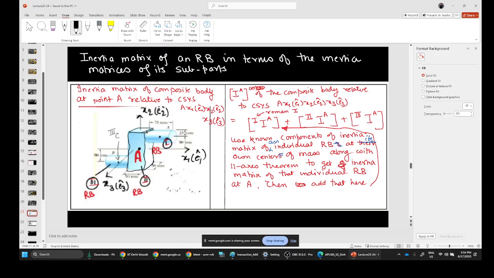And then on that cuboid there is a cylindrical part welded. I am calling that RB1. And then on the other end there is another cylindrical part welded. I'm calling it RB3. So this combination of 1, 2, 3 I am calling a composite RB.